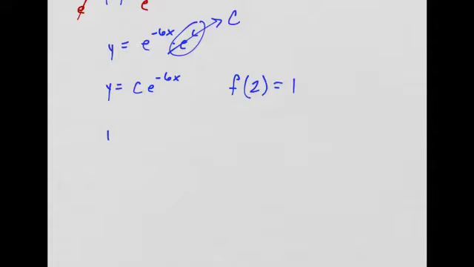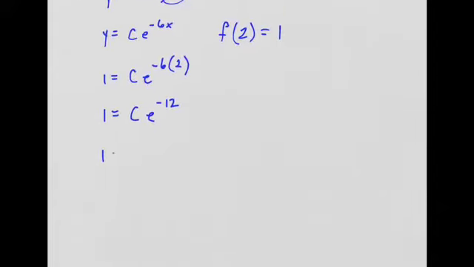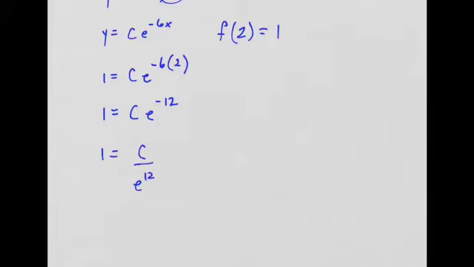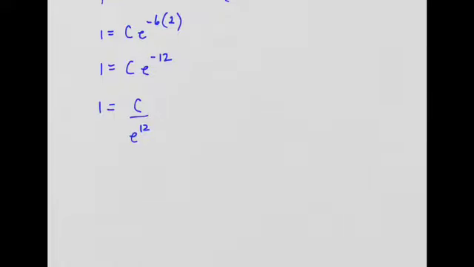So I'll have 1 equals c times e to the negative 6 times 2. That's just e to the negative 12, or the same thing as c divided by e to the 12th. If I multiply both sides by e to the 12th, then I have solved for c.